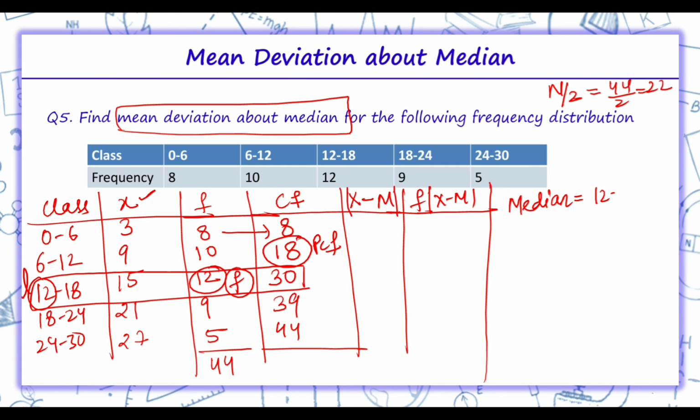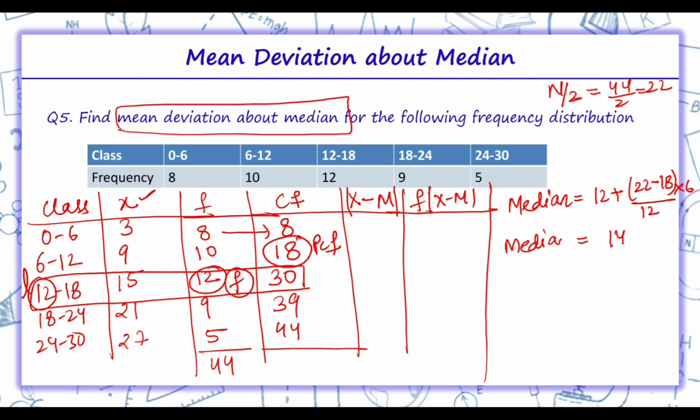L is 12, plus n by 2 which is 22, minus PCF which is 18, upon the frequency of the median class, that is 12, into h. h is the class size, that is 6. On solving it, we'll get the median to be 14.